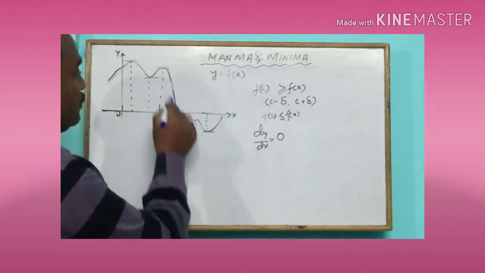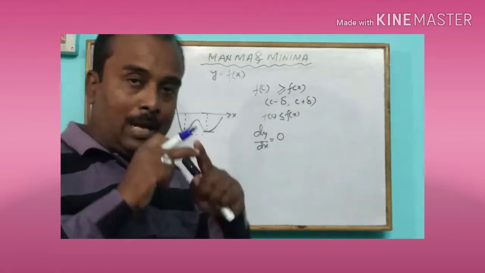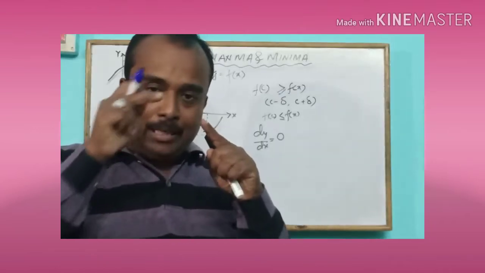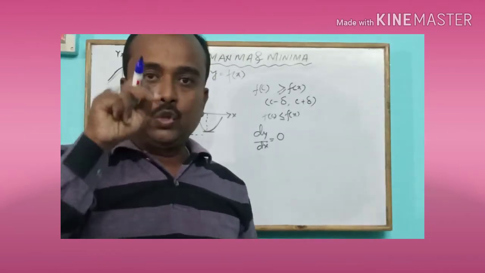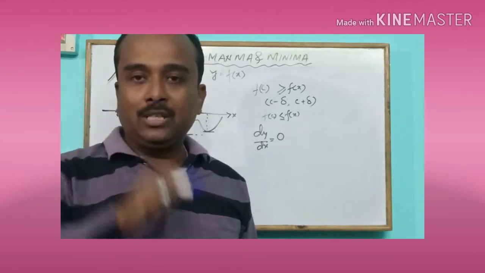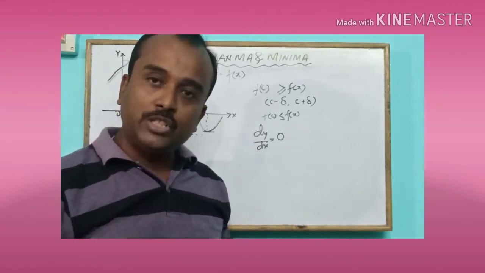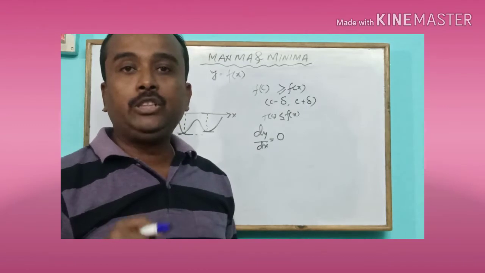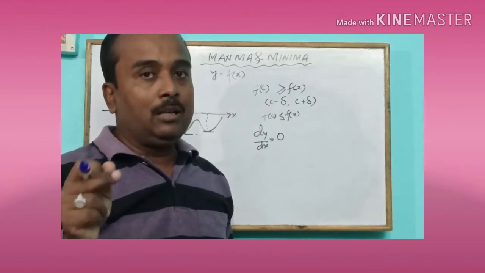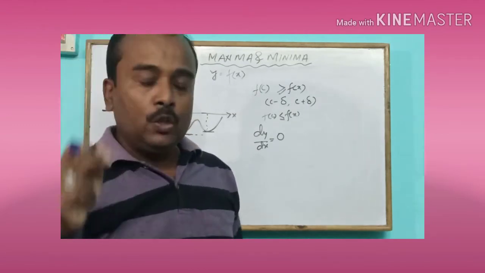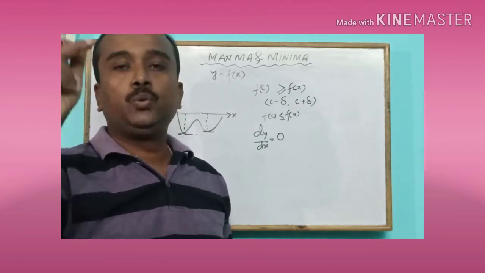The derivative at these points will be 0. So from that point, it starts changing. The points at which the derivative becomes 0 are the points of change from increasing to decreasing or decreasing to increasing.